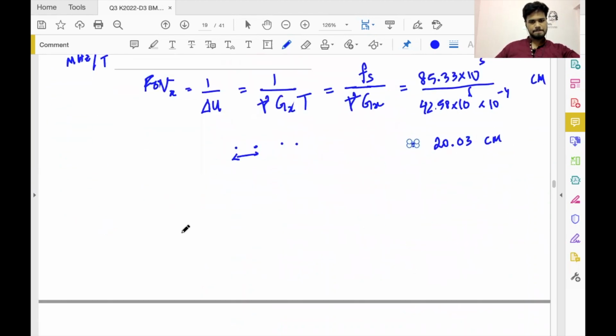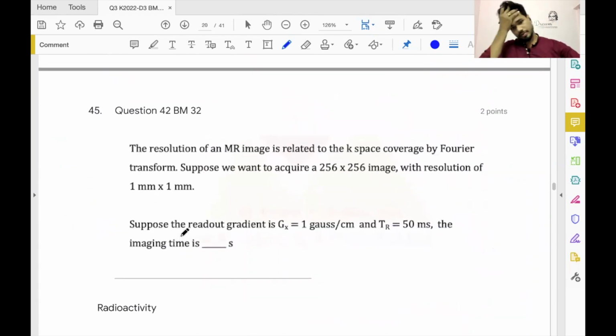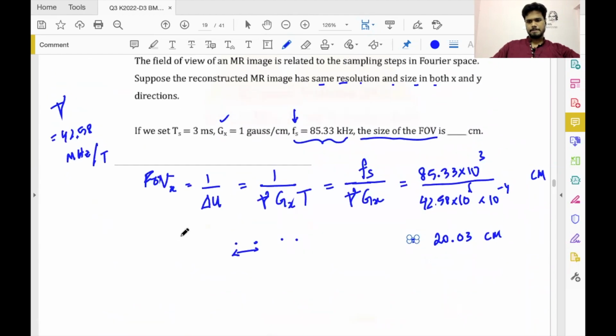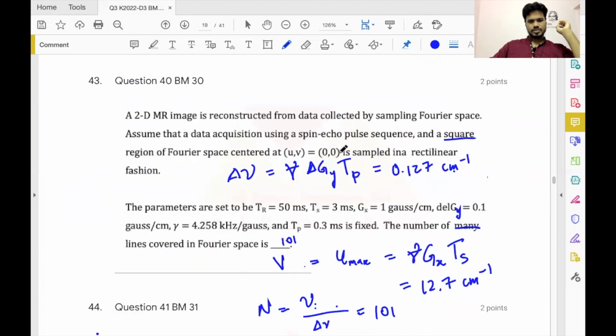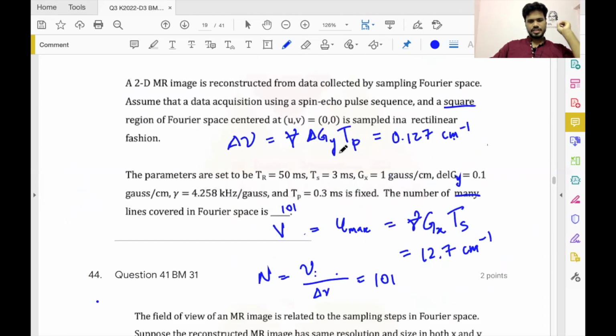And here, the resolution, I have a doubt. Generally, when we calculate del U, we used TS in previous problems, and here why are we using FS instead of TS? See, this is the total, this is U max, the u direction.